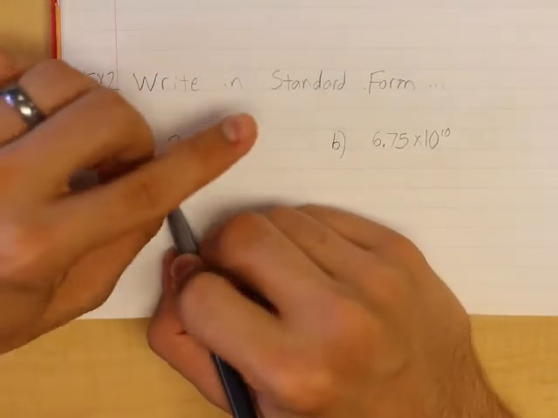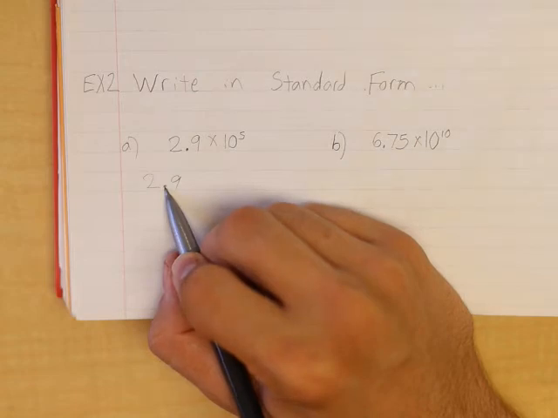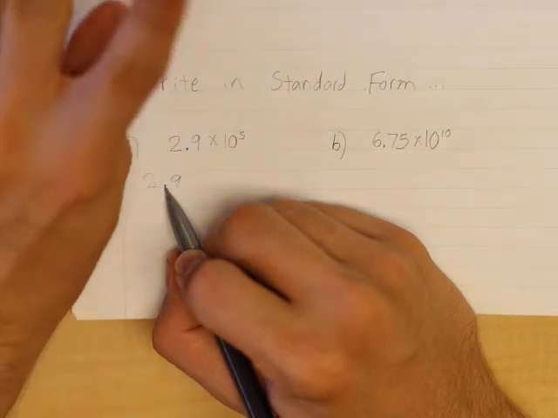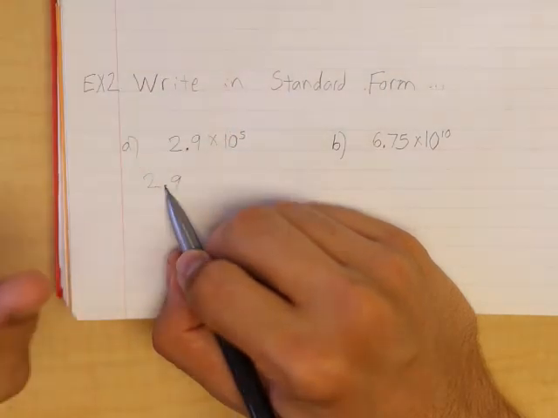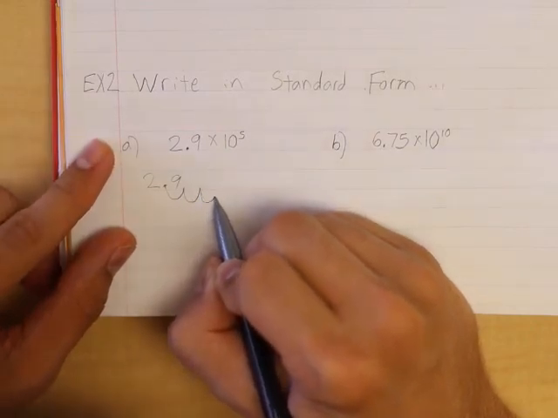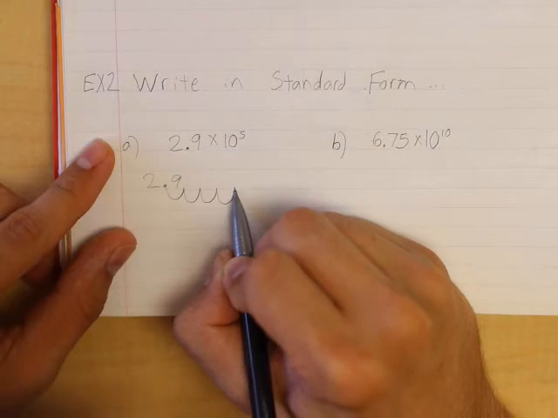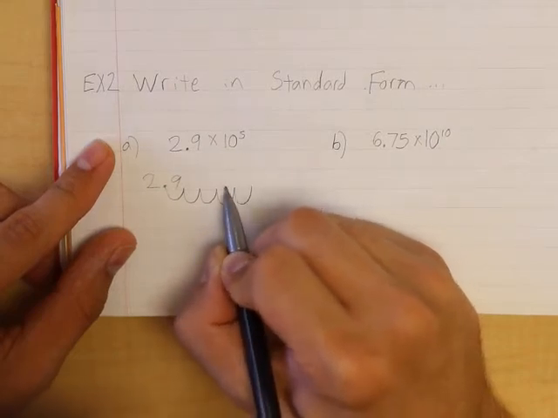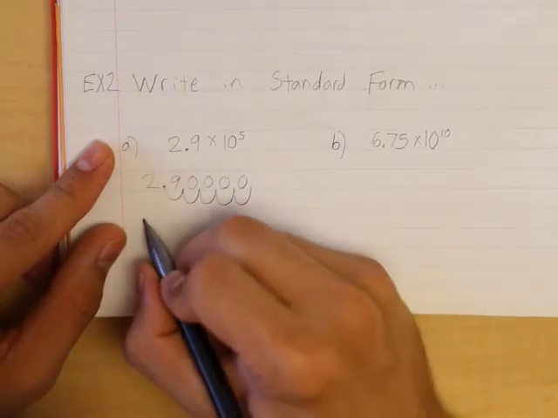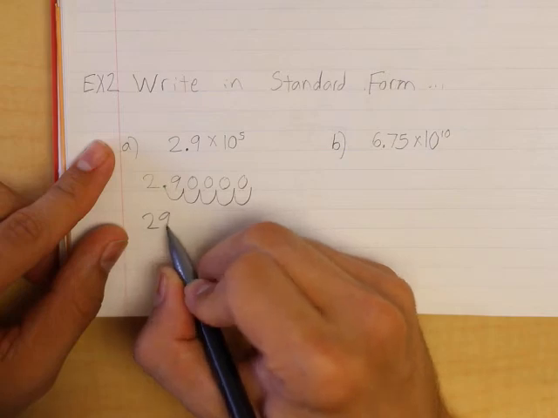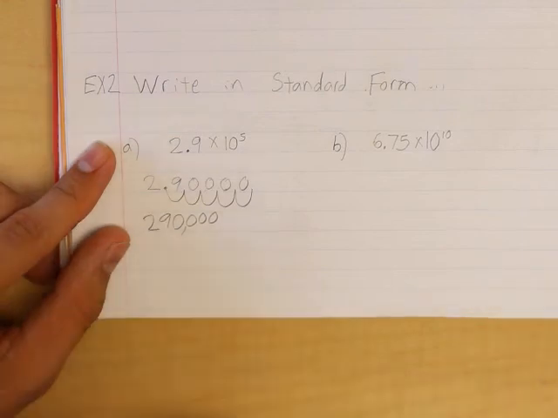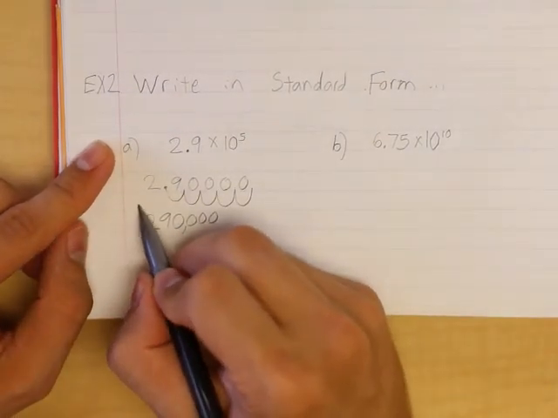You are going to look at the power, and move the decimal that way, the same number of times as the power. So we have 5. So I go 1, 2, 3, 4, 5. All of my blank spaces get filled in with zeros. So my new number is 290,000. Okay? That is the new number.